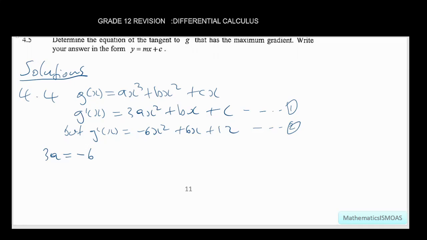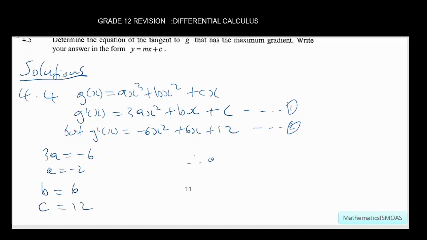And then from there, solve for a, divide both sides by 3, we get a is equal to minus 2. Then in equation 1, the coefficient of x is b. It must be equal to the coefficient of x in equation number 2, which is 6. Therefore, b is equal to 6. And then the constant number in equation number 1 is c, and it must be equal to the constant number in equation number 2, which is 12.